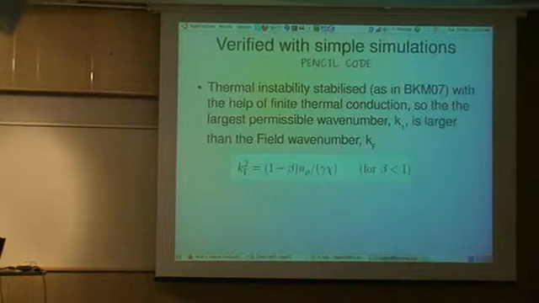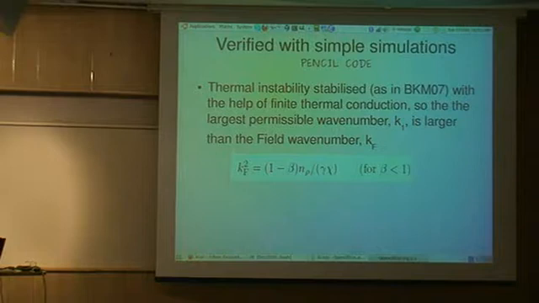And then we made some very simple simulations in the Pencil Code, trying to establish that this is really happening, and we used the same model as the one I showed the results from already. One thing to stress about this particular model is that it is a finite difference code with a finite resolution.